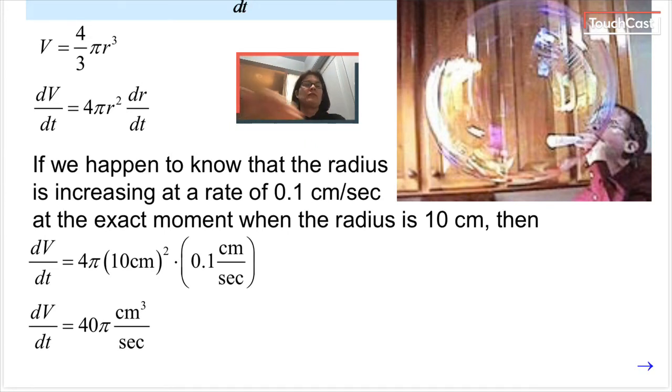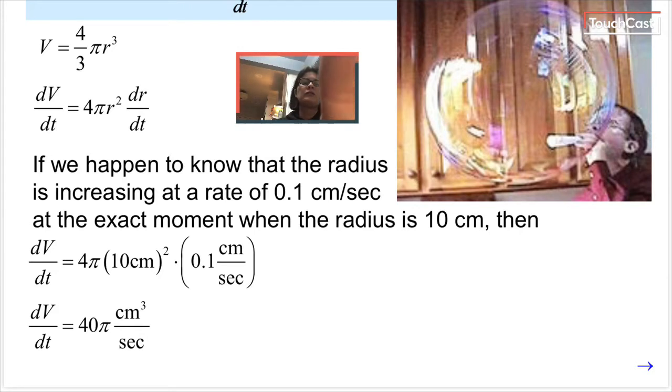This is just a made-up scenario, but if I happen to know that the radius is increasing, so the radius is getting longer at 0.1 centimeters per second, and I'm especially interested in the moment when the radius is 10 centimeters, then I have enough information to say how fast the volume is changing at that time.